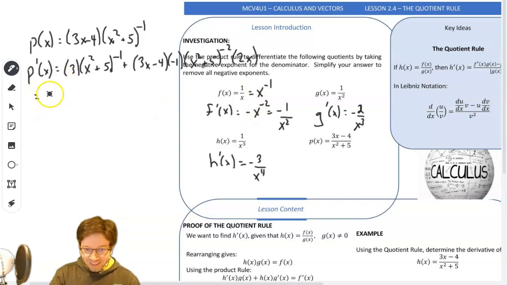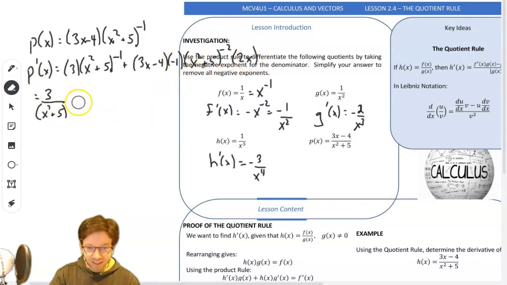All right, so we can clean this up a little bit. So 3 over x squared plus 5 plus we have -2x. So let me actually just subtract.